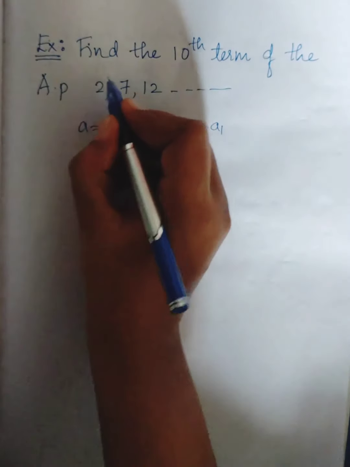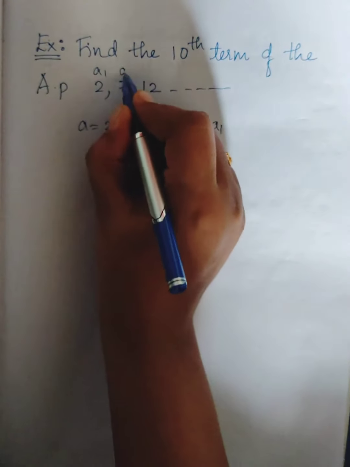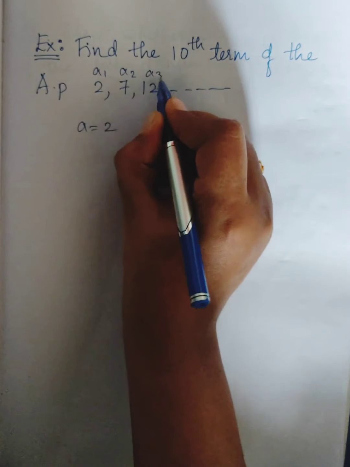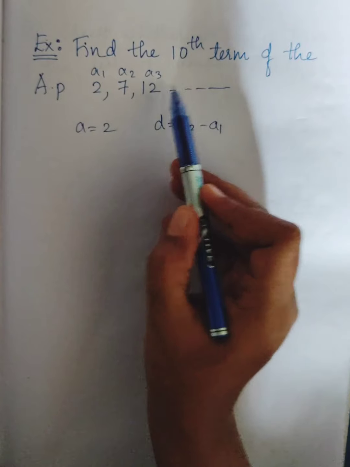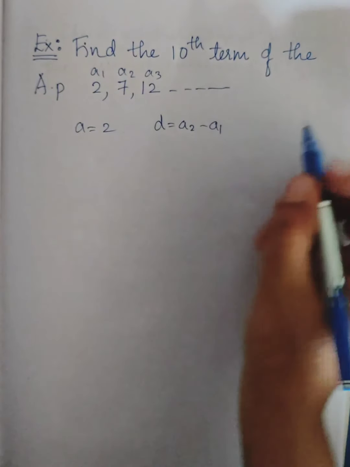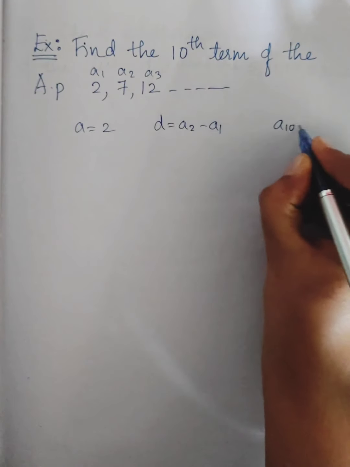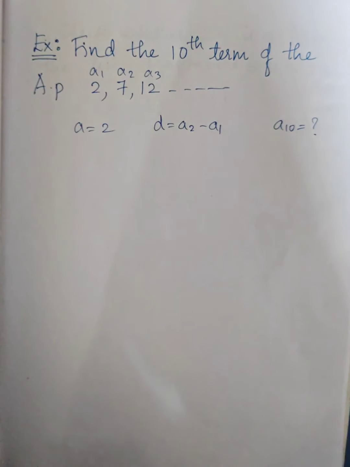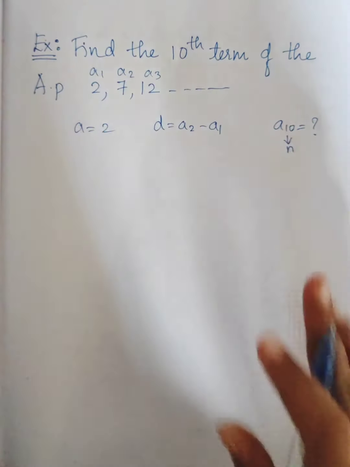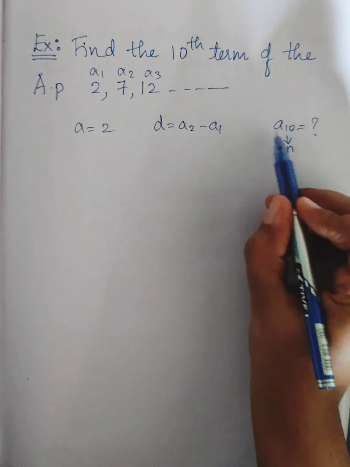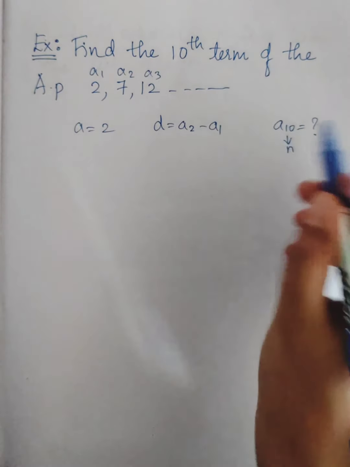Now I am going to denote it as a1, a2, a3. a1, a2, a3 are given. We need to find a10, where 10 is n. n is given, but we don't know the a10 value. We need to find it.